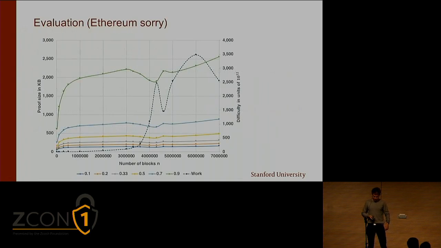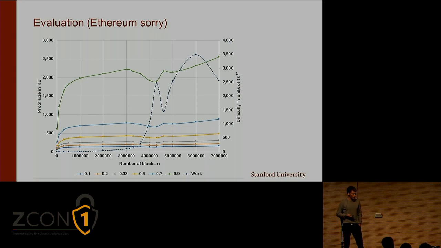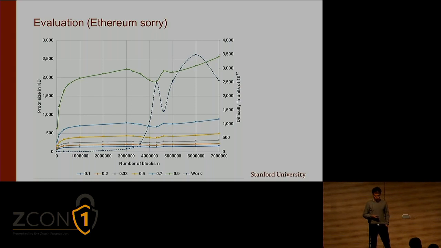So here are some evaluations where these different plots are different levels of adversaries. The protocol has a parameter, which is how powerful you assume the adversary is. What fraction of the blocks can he actually produce? And the dotted function is the work difficulty.